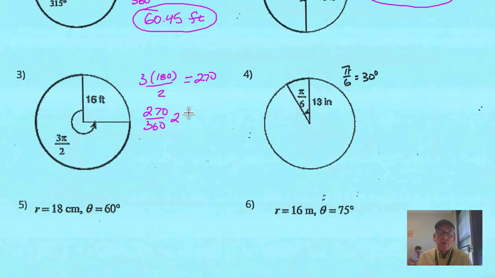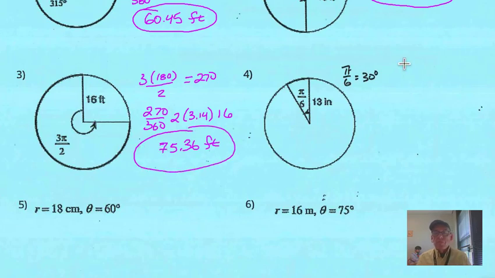So times 2 times pi times the radius, 16. So we get 75.36, and the units are feet.